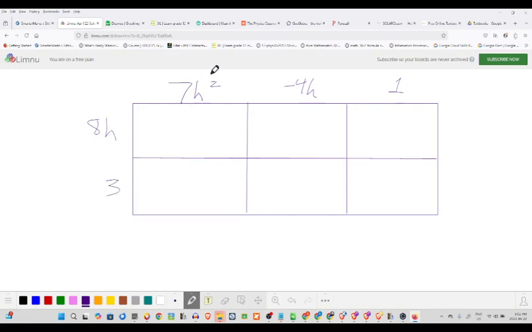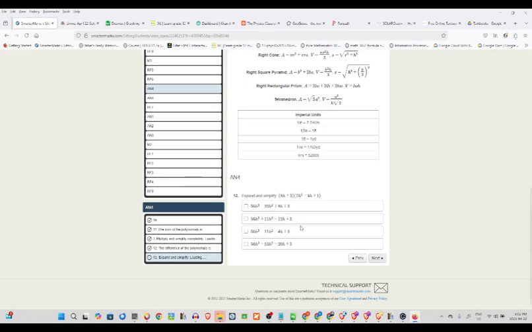So we multiply these together, we get our 56h cubed. What we really want to check are our two diagonals, how these combine. So 7h squared times a 3 is a 21h squared. 8 times a negative 4 is a negative 32h squared. So we combine these to make a negative 11. That only exists here.